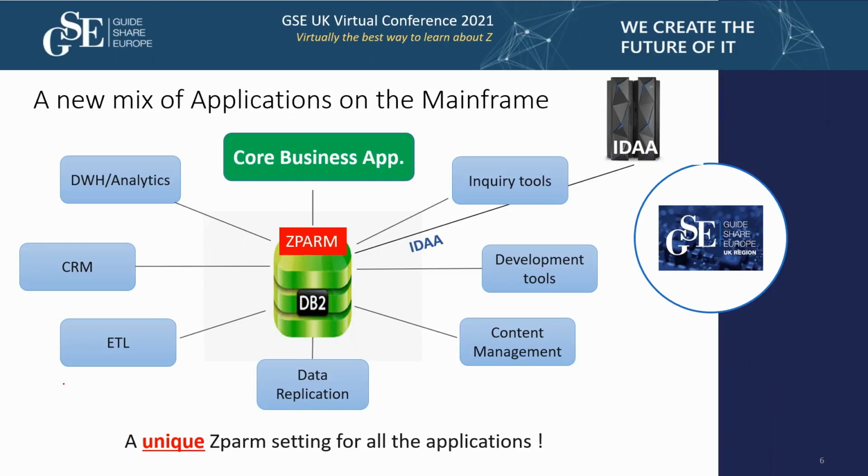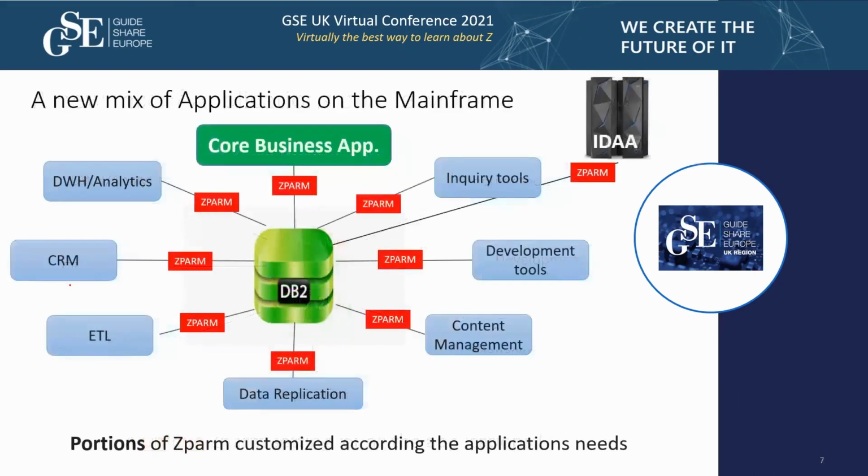But as you know, we have unique ZPARM settings. So we can have only one possible setting of ZPARM for different kinds of applications. So Db2 profiles can help with that, because we can specialize some specific ZPARM parameters for specific applications.